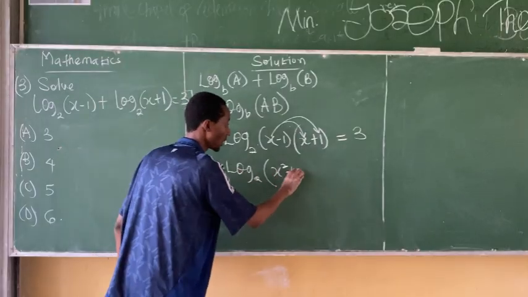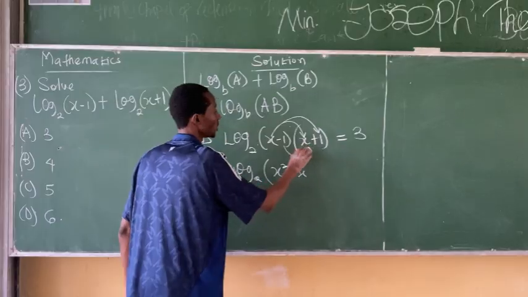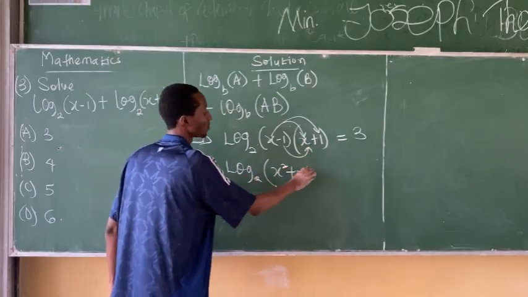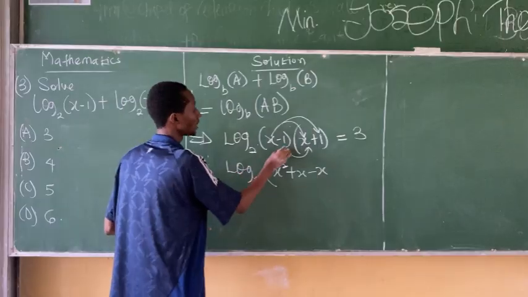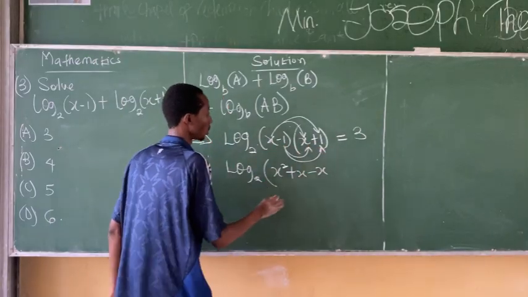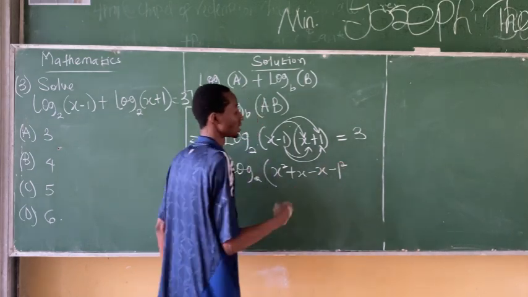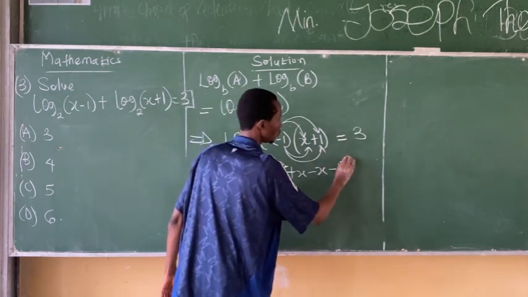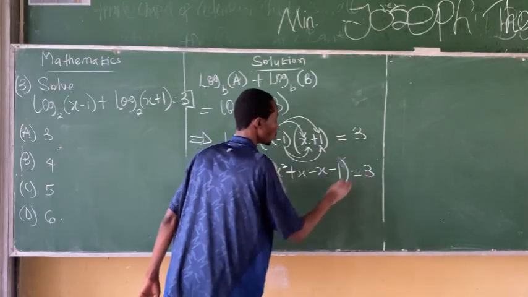So we have plus x minus 1 and x. If minus 1 multiplies x, you have minus 1x, which is the same thing as minus x. And if minus 1 multiplies plus 1, we have minus 1, which is the same thing as minus 1. All is equal to 3.